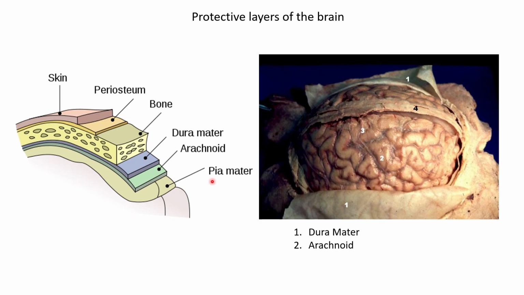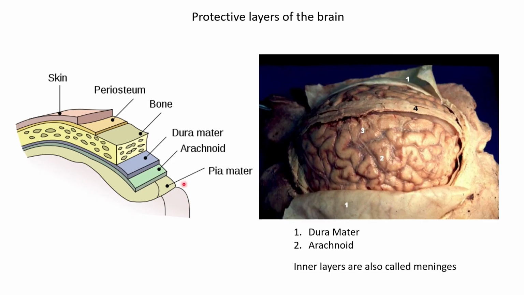And this layer is covering the whole brain, and it's tightly sticking to the brain so that it's going through all the grooves and all these peaks and valleys of the brain. So it's tightly covering the brain. It has vasculature, so blood vessels go through it into the brain.